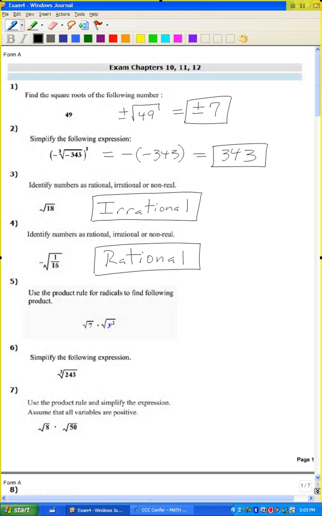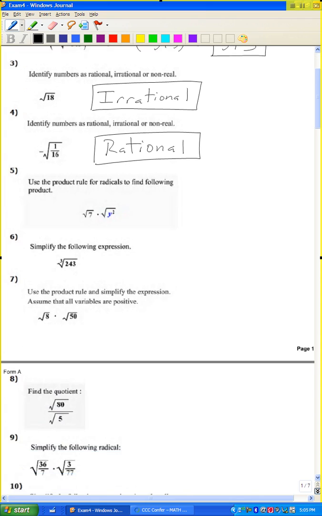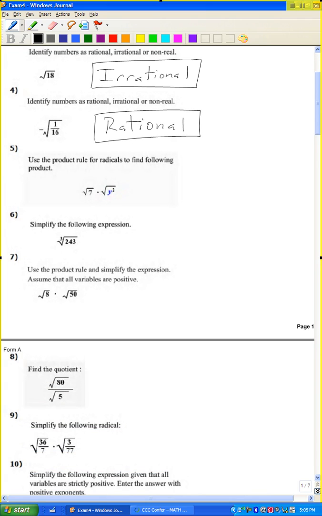Use the product rule for radicals to find the following product. Well, the square root of y squared is just y, and the square root of 7 is just the square root of 7. And that is your answer.